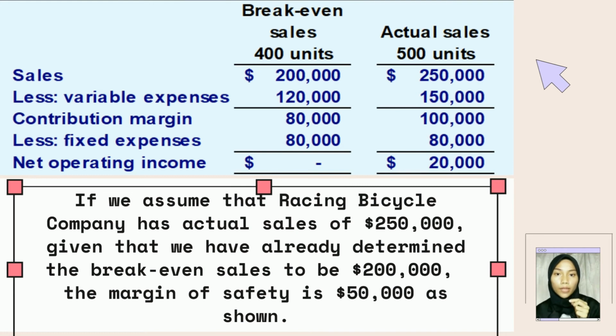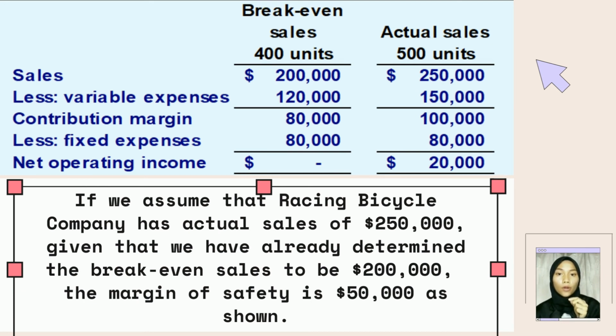If we assume that Racing Bicycle Company has actual sales of $250,000, given that we have already determined the break-even sales to be $200,000, the margin of safety is $50,000 as shown. How can we get $50,000?